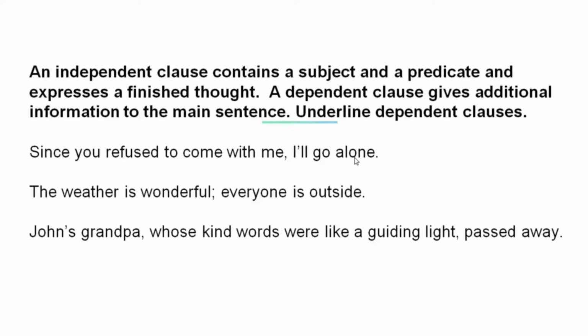And now let's review and practice a bit. Remember that an independent clause contains a subject and a predicate and expresses a finished thought. And a dependent clause gives additional information to the main sentence. Now read the sentences below and underline the dependent clauses. Since you refuse to come with me, I'll go alone.